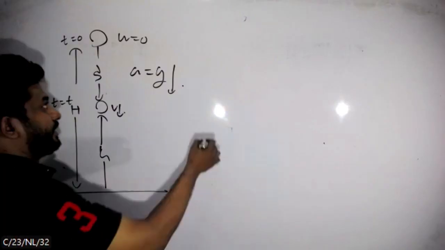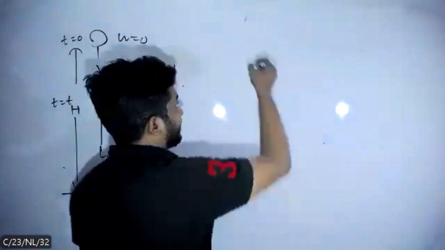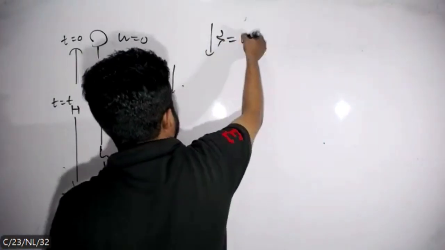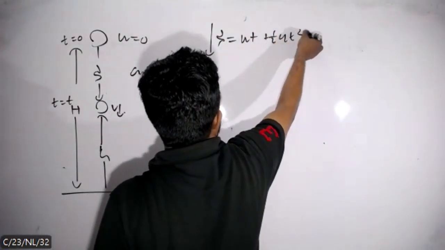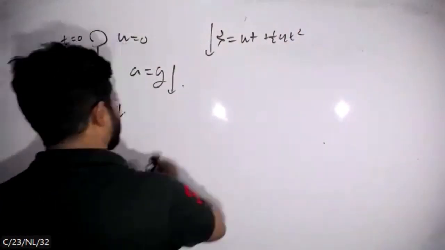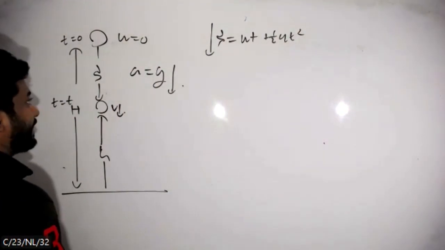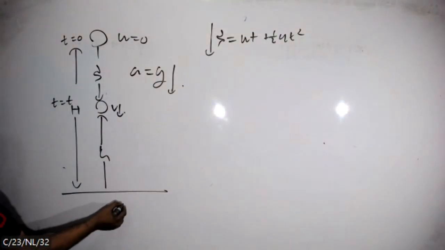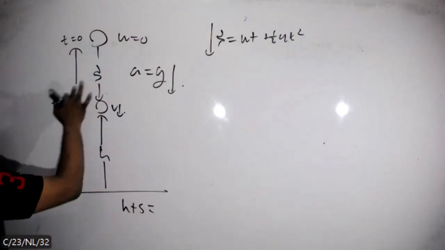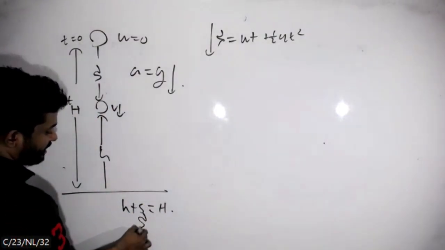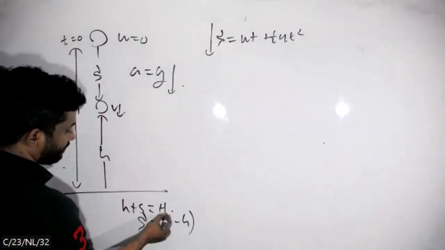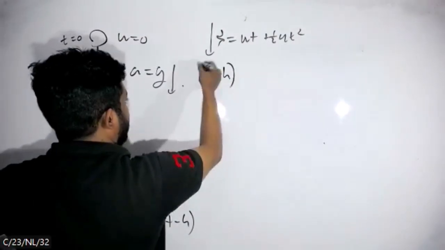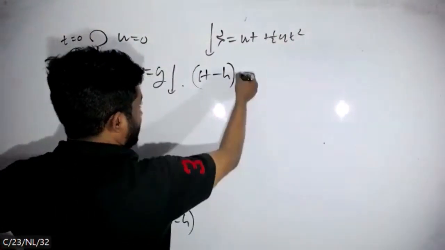You can apply this equation. First, you need to identify the general relation here. To identify this relation, you can apply the equation s equals ut plus half a t squared towards the downward direction. You can mention this displacement. Simple h plus s is equal to capital H, no? Therefore, this displacement is equal to capital H minus simple h. You can substitute capital H minus simple h instead of displacement.